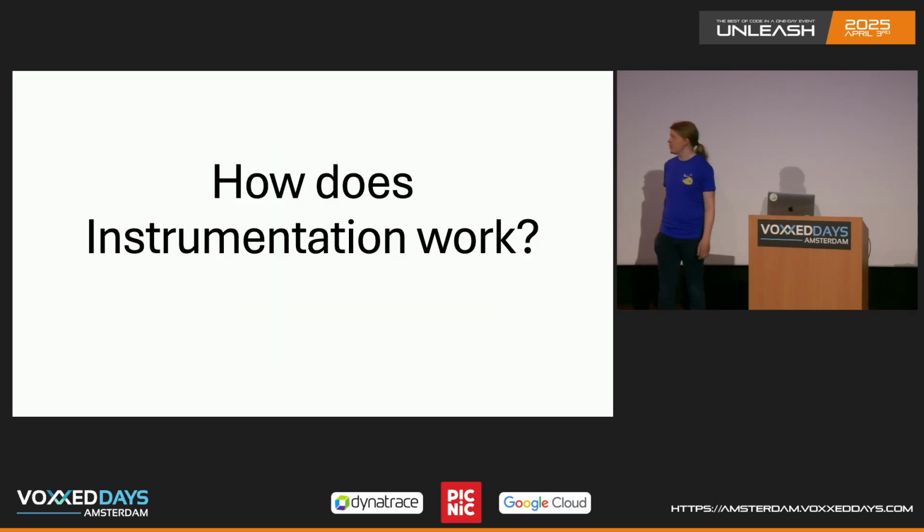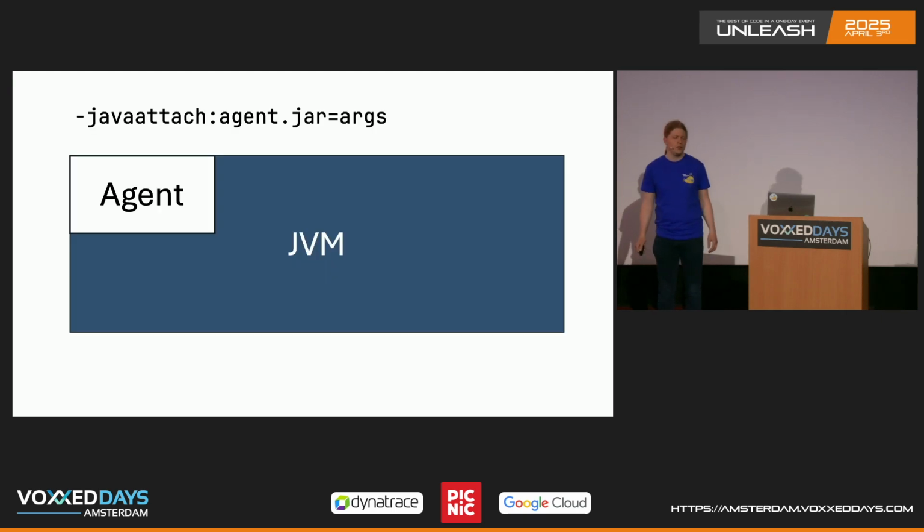So back to the topic, how does the implementation work? Because I've shown you before that we can use it, but you might wonder how the different tools work. And for one, what we use here are agents. So actually, when I wrote the talk title, "Who instruments the instrumenters", it's actually who instruments the instrumentation agents. What is an agent?